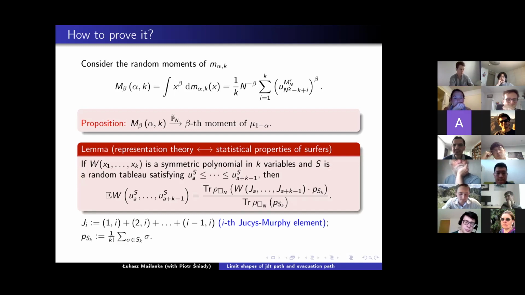If we have a symmetric polynomial and some set of tableaux of a square shape, which has the property that k consecutive boxes, like boxes with numbers from a to a plus k minus 1, are ordered increasing from northwest to southeast, like in the multi-surfer story, then we can calculate the expected value of this symmetric polynomial at the coordinates of the boxes in terms of characters of irreducible representations corresponding to the square shape diagram, so the irreducible representation of S_n, using Murphy's elements and the projection on the trivial representation.